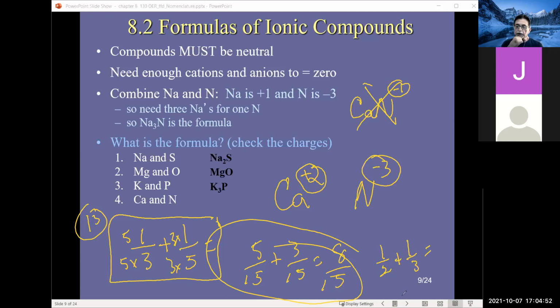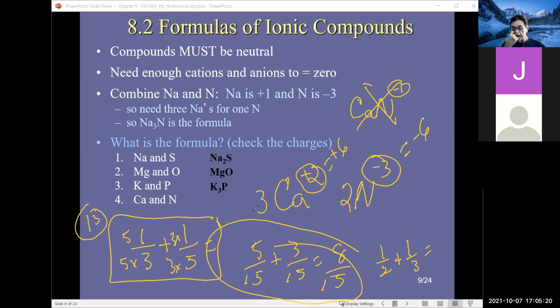So my common denominator is 6. So what number can I multiply that -3 by to give me a -6? Well, that would be 2, right? And what number can I multiply calcium's +2 by to give me a +6? Well, that would be 3.